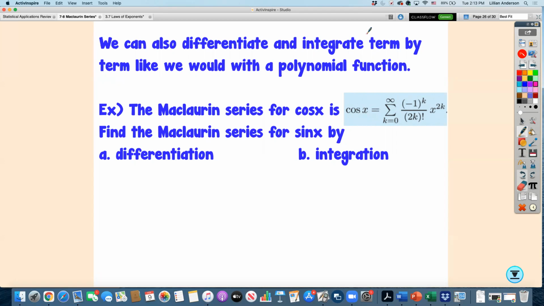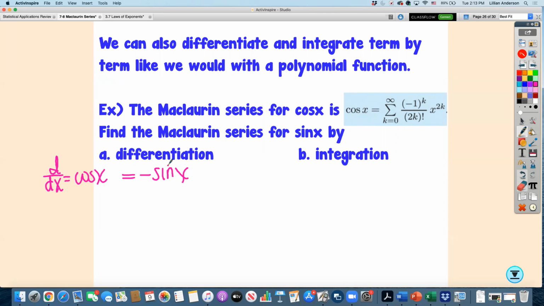So, what is the derivative of cosine? Negative sine. So we know that the derivative of cosine is equal to a negative sine x, okay?